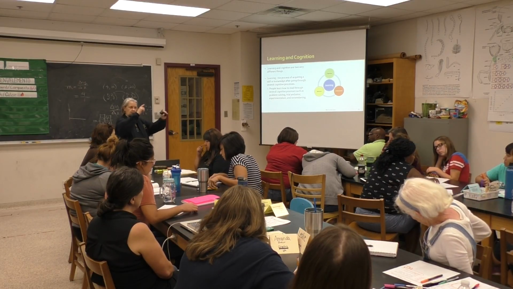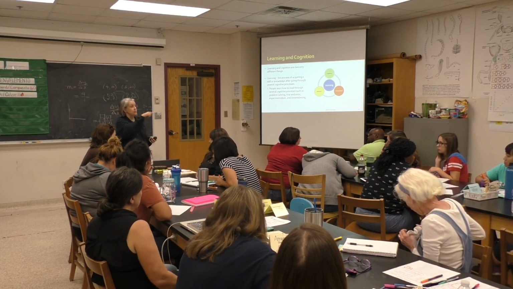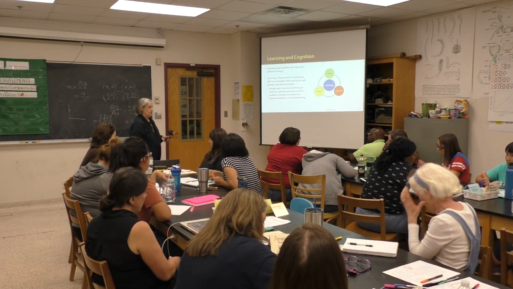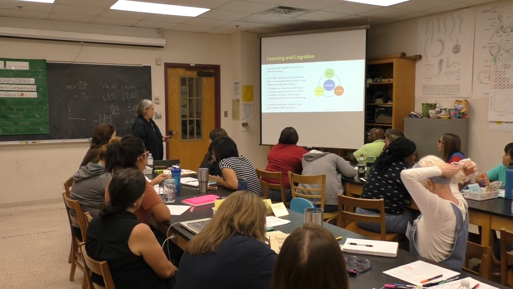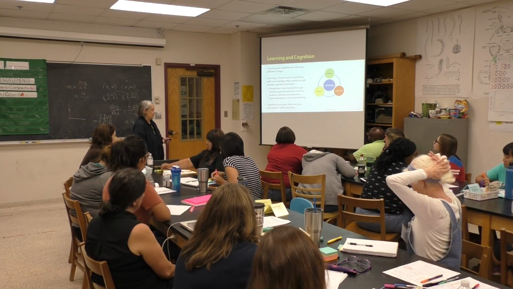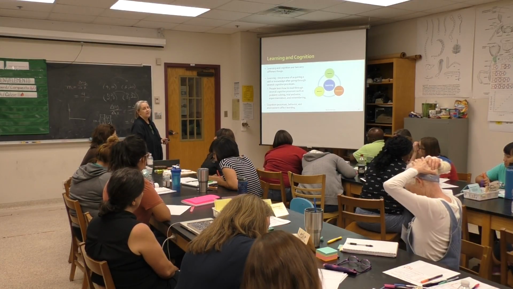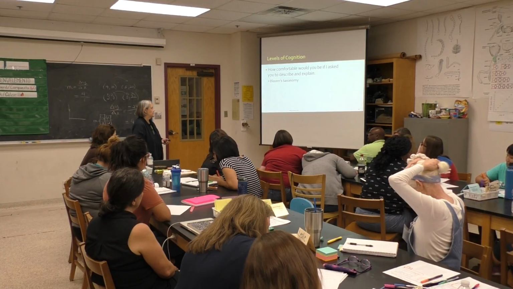So cognition and learning are not the same thing. You have to do a lot of cognition stuff to learn something, okay? So, of course, behavior also influences what you learn. The environment, behavior, and your cognitive processes influence what you learn, all right?